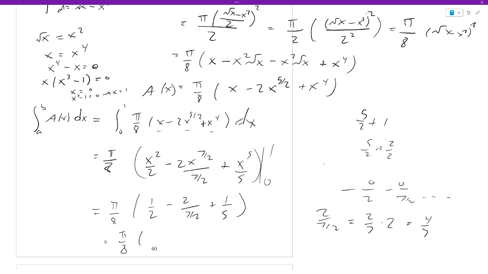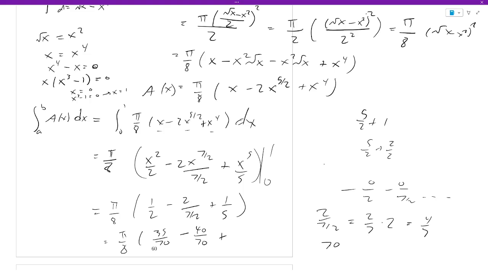So we have 2, 7, and 5 as our denominators. So I think 70 is going to be our common denominator. So for 1/2, I want to make it 35 over 70. For the 4/7, I want to make it 40 over 70.